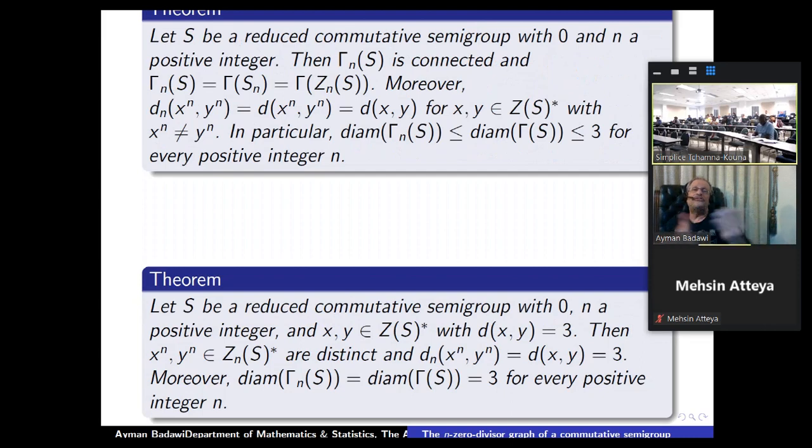What about the distance? Remember the distance in a graph, like if you have two vertices, let's call them A and B. What is the distance between them?